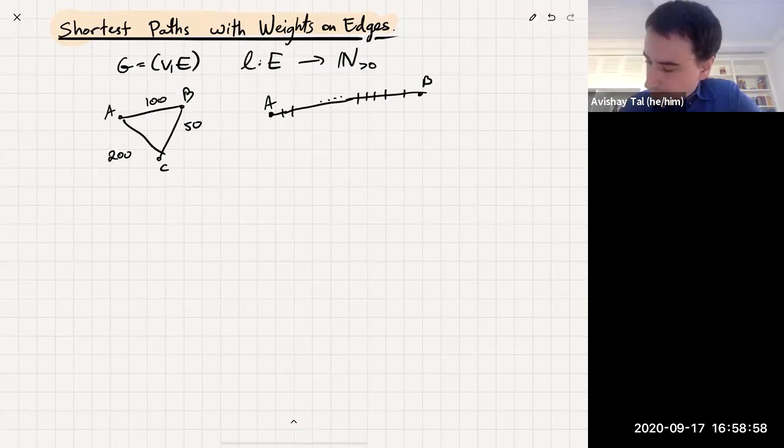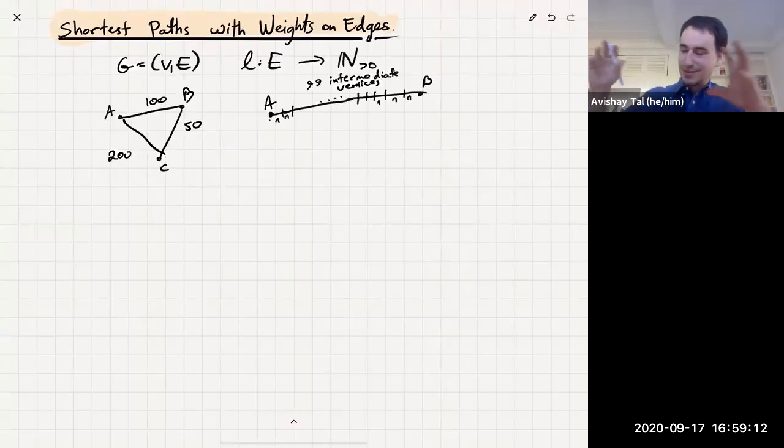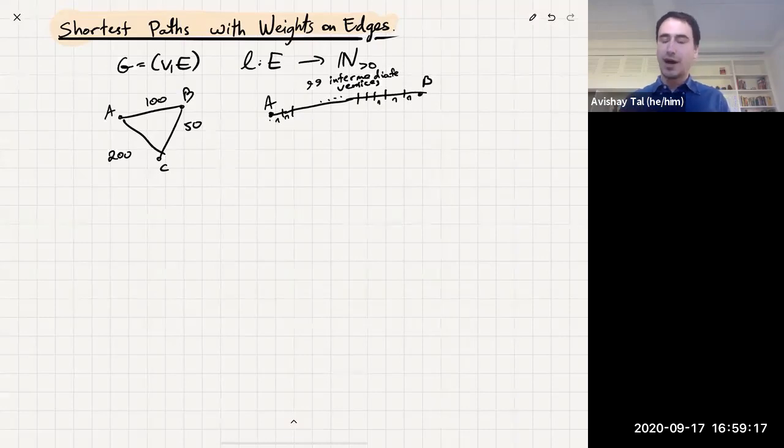So 99 intermediate vertices. And now the distance between A and B, even if I'm thinking of all these as distance one, is the distance of this meta edge, like the distance of the original edge in the graph.